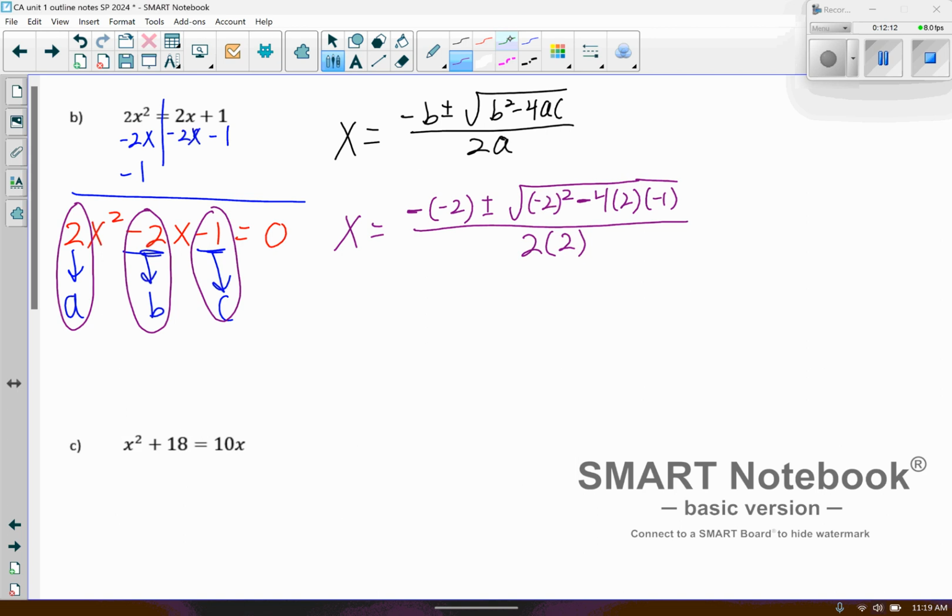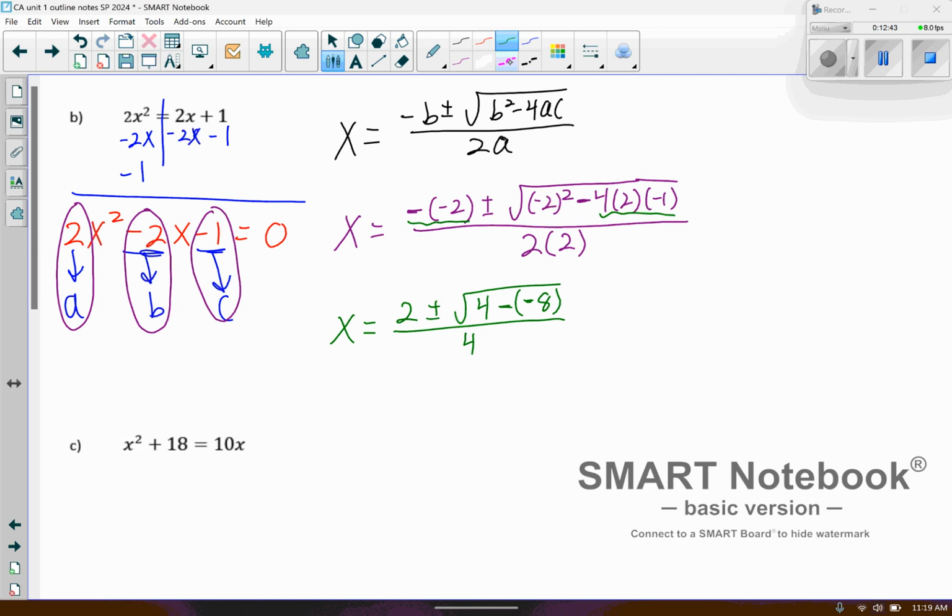Okay, so let's clean this up. We've got double negatives right here, so that's going to become x equals positive 2 plus or minus the square root. Negative 2 squared, negative times negative becomes positive 4. And then we multiply all that together right there. 4 times 2 times negative 1 is going to become a negative 8, and then all divided by 4.